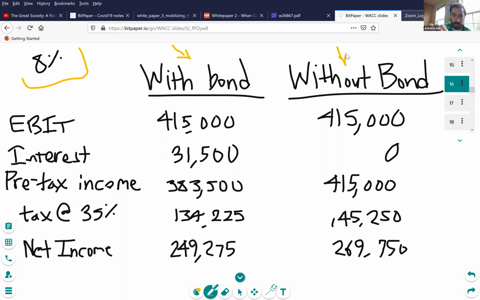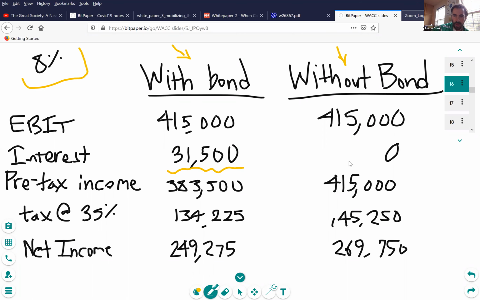And with the bond, it's got interest payments it has to make to its bondholders. So those are at 8%. Again, I don't remember the exact figure of the borrowing amount, but it's some amount of borrowing, which at 8% results in $31,500 of interest that's due every year.